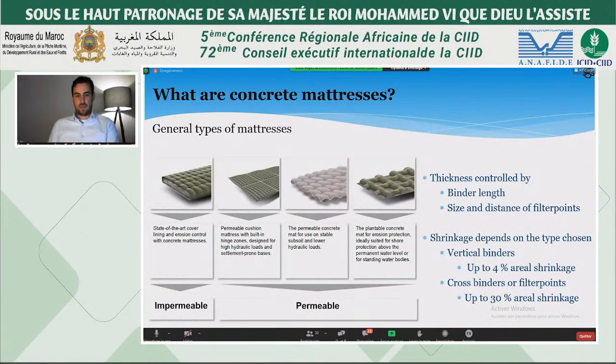Alors, quel type de matelas sont disponibles dans le marché? De manière générale, il y a plusieurs types. Sur la gauche, vous voyez ici une matière dont la surface est assez plate et imperméable, qui ne laisse pas l'eau s'infiltrer, qui peut être utilisée comme un élément de plafonnement et aussi de protection contre l'érosion.